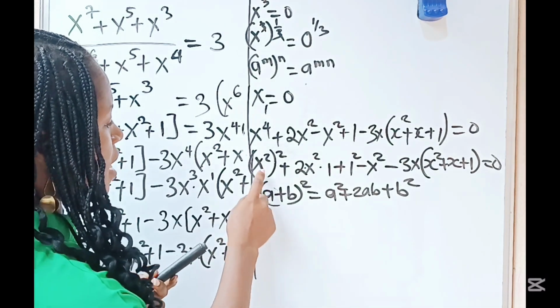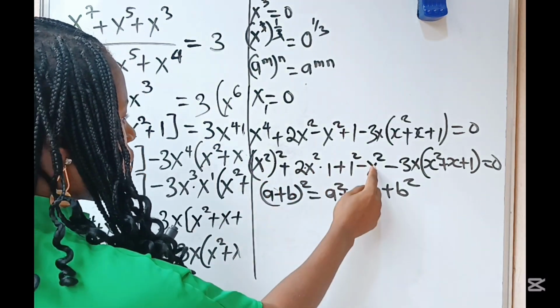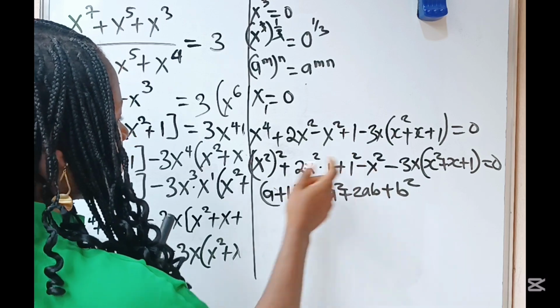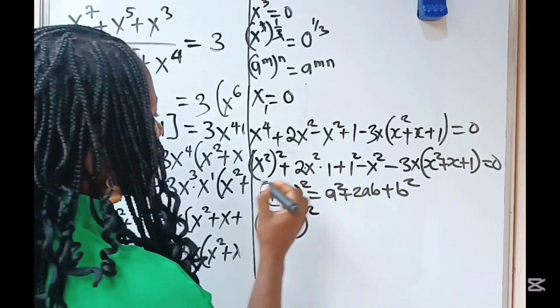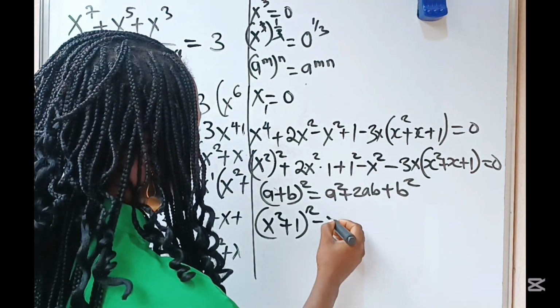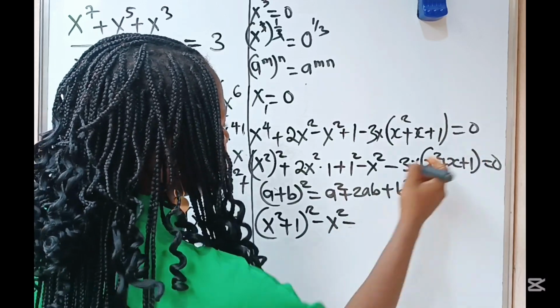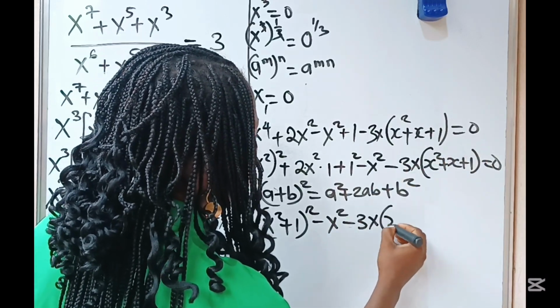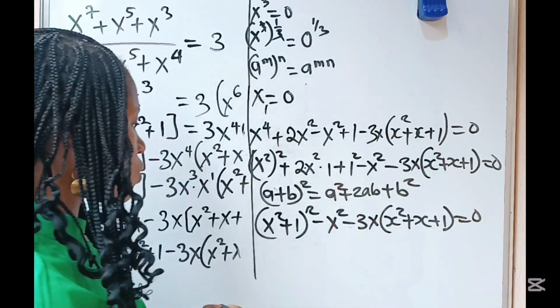Therefore, the whole of this should be x squared plus 1 squared. Then remember, we still have minus x squared, then minus 3x bracket x squared plus x plus 1 is equal to 0.